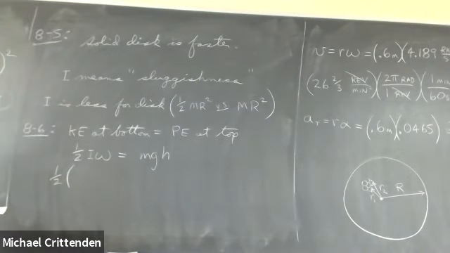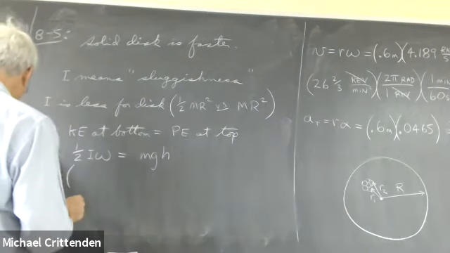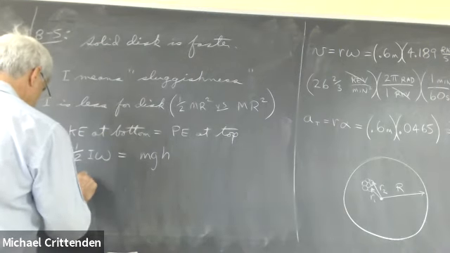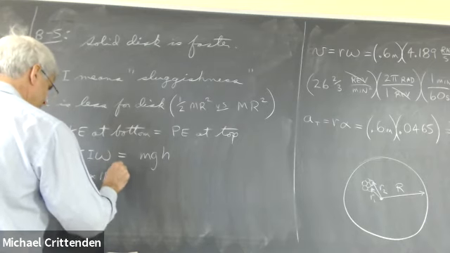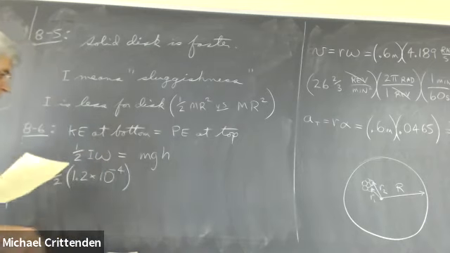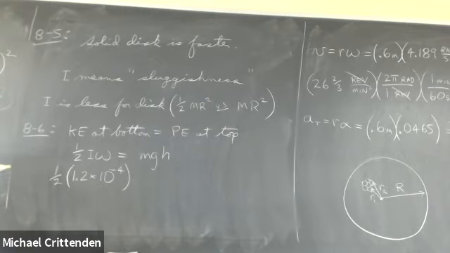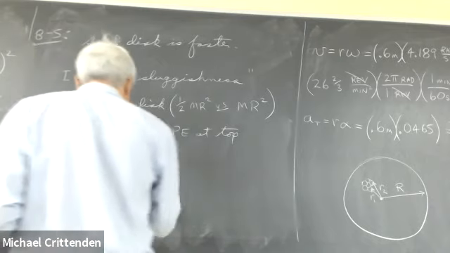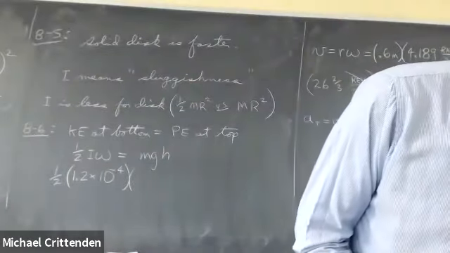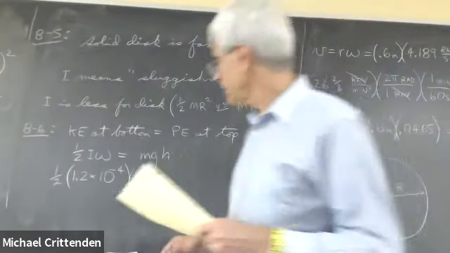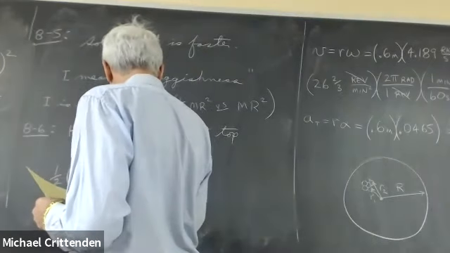To keep it short and sweet, the question tells us the moment of inertia rather than making us figure it out from the mass and the radius. It's 1.2 times 10 to the negative 4 kilograms times squared meters. And it's spinning at 70 radians per second.